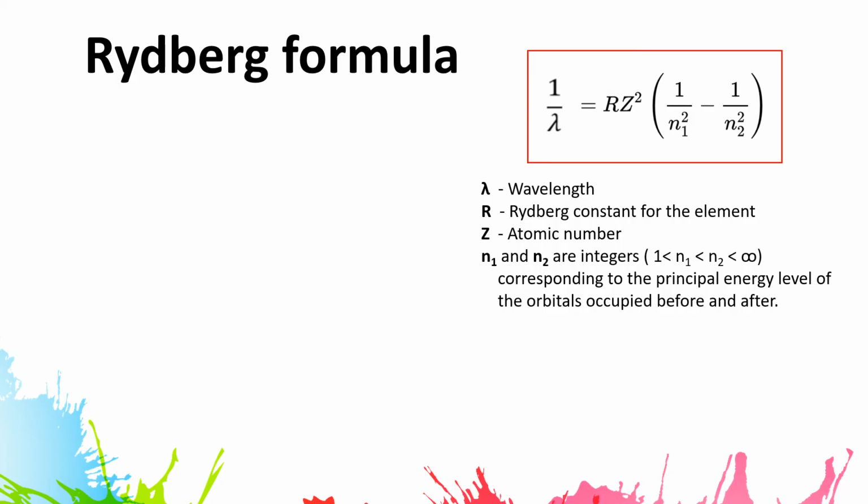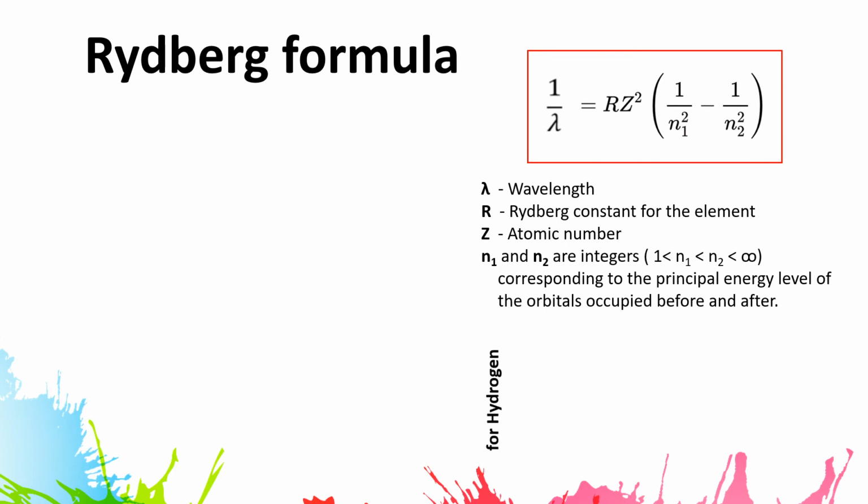Let's study principal energy levels in future lessons, but up to now you should know N1 and N2 are the numbers representing the energy levels we discussed in our previous slide also.